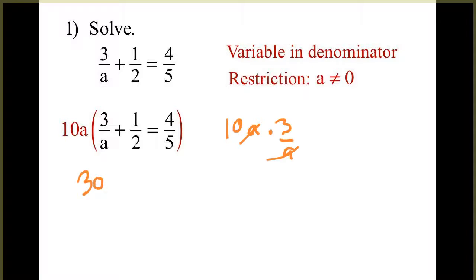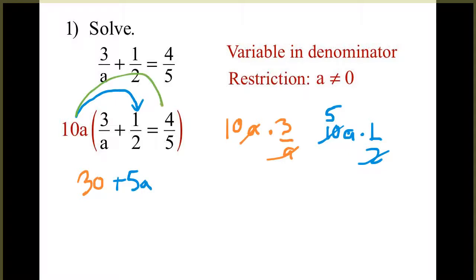Then 10a times 1/2, and I'm left with plus 5a. Now I'm going to do the last one, 10a times 4/5. 5 divides in, I'm left with 2a times 4, that equals 8a.